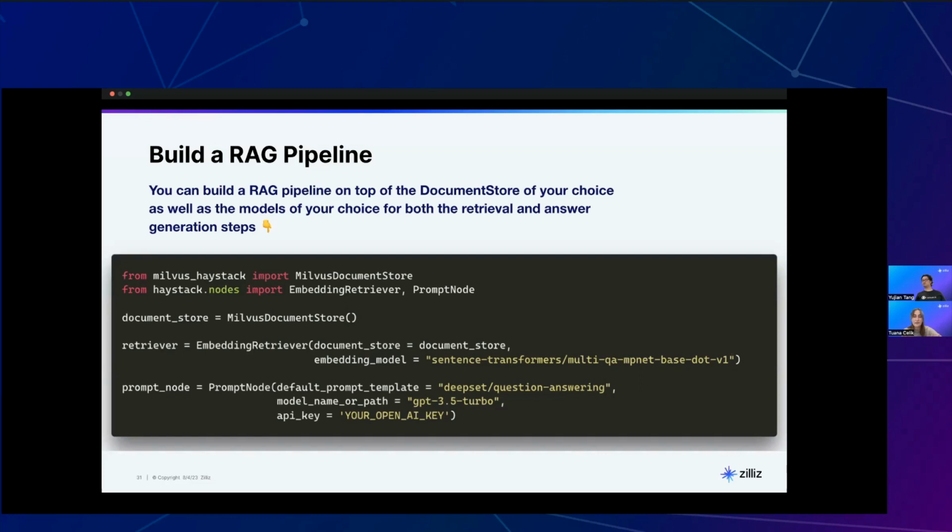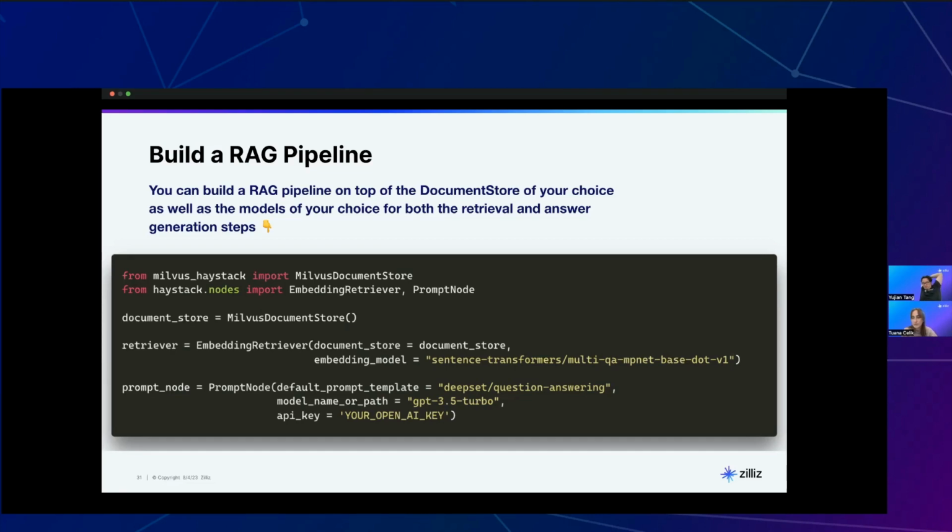And yes, what this retriever node will do is once it has a query from the user, it will create a vector representation of that query and then compare that to all of our documents in Milvus document store. That's why I also have to tell the embedding retriever what document store to work on. And then the final node is the prompt node. Here, I'm just going to use one of the publicly available ones from Deepset.